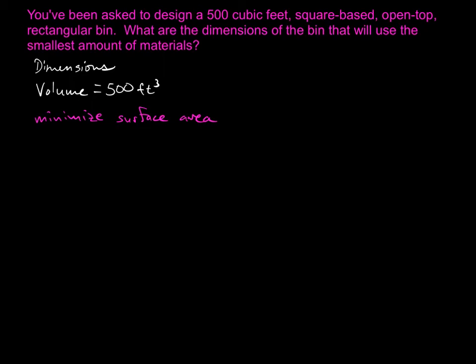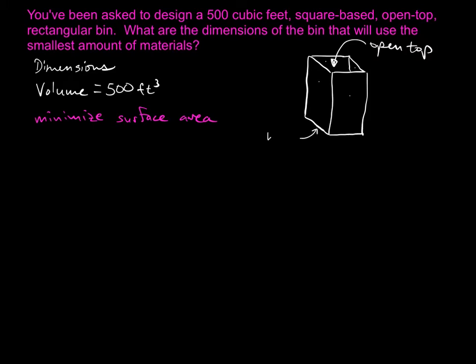I suppose we have to have a rectangular bin, so we're going to use some sort of a rectangle here like this. Oh, but at least we know that the base is supposed to be square. Let me draw this in here. Maybe something like this. And this is open top. So we only have to worry about 5 sides: the back, the right side, the left side, the front, and the bottom.